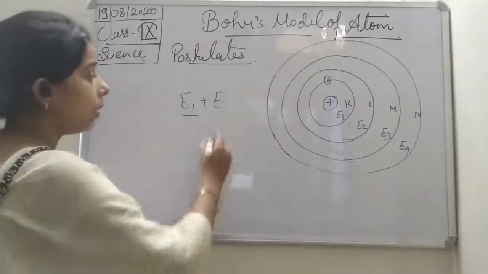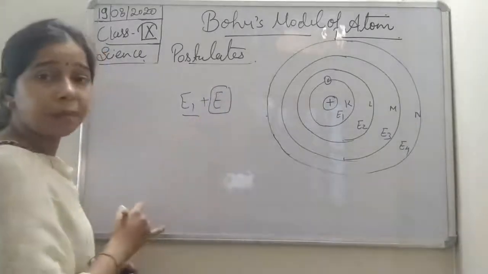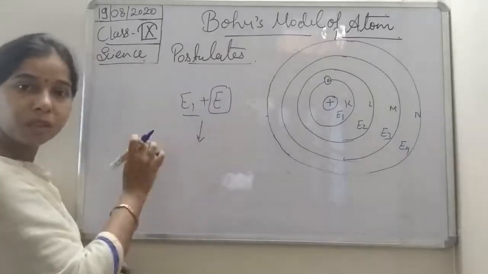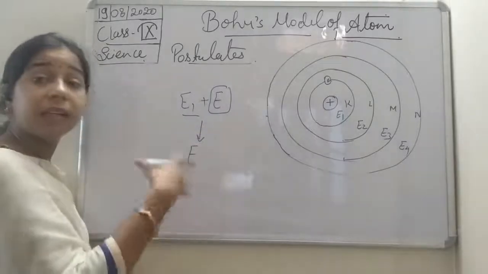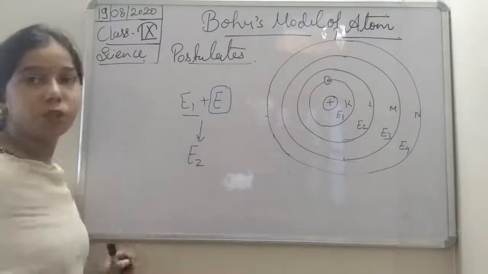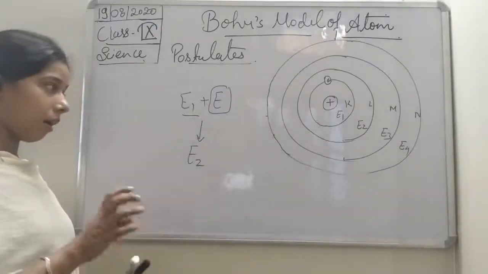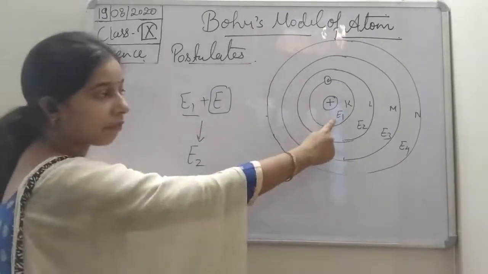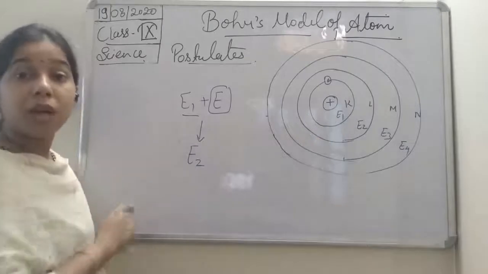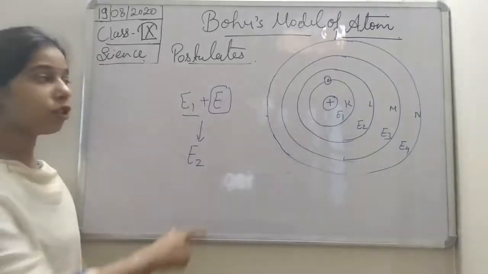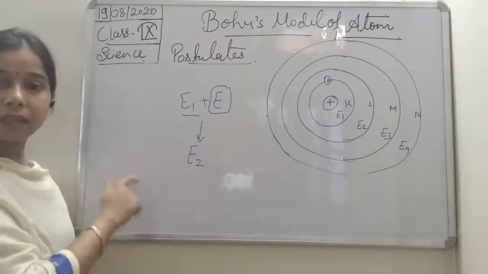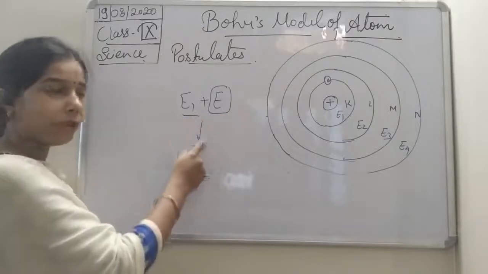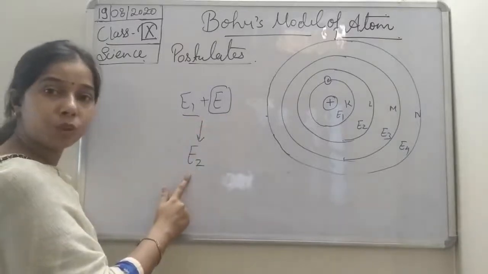It absorbs this much amount of more energy, so its energy gets increased and becomes E2. I'll explain again. An electron revolving in the K shell has energy E1. Now an external source is supplying energy to this electron. As it absorbs the energy, its energy increases to E2. Right?